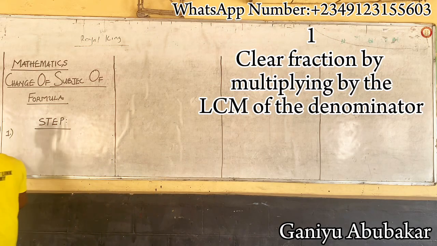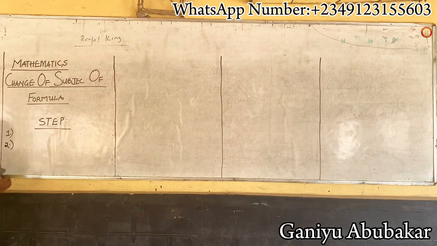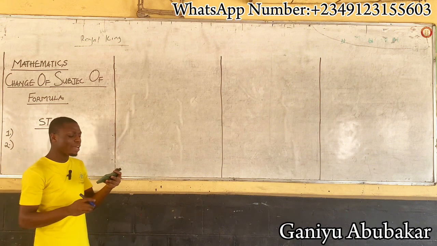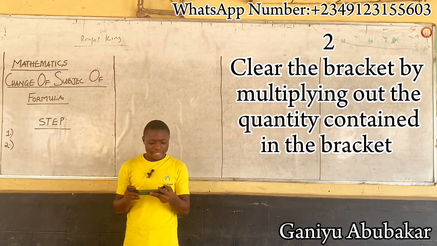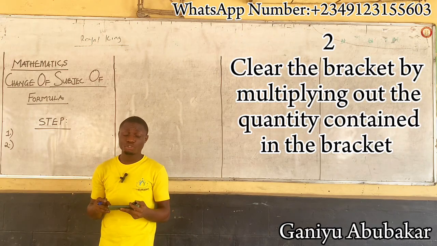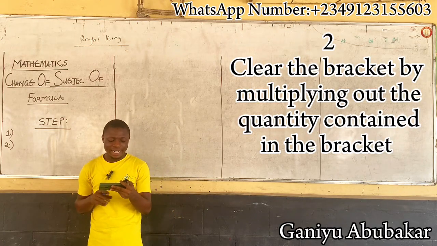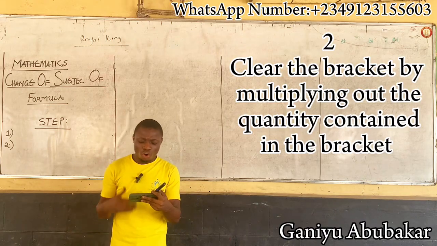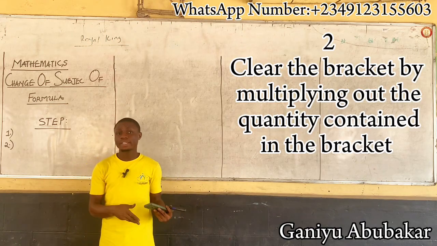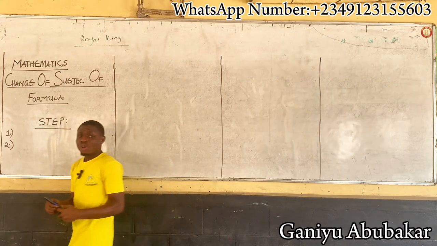Step 2 says clear the brackets by multiplying out the quantity contained in the bracket. Let's look at step 3.